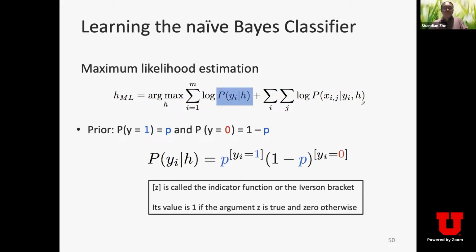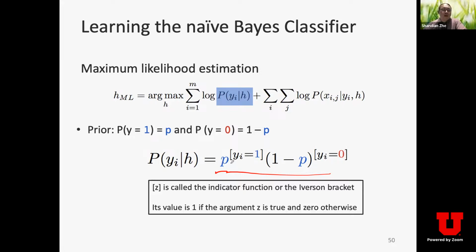So first, for the prior distribution, that is P of yi given H, we can write this probability in this form: p to the power of the indicator that yi is 1, multiplied by 1 minus p to the power of the indicator that yi is 0.